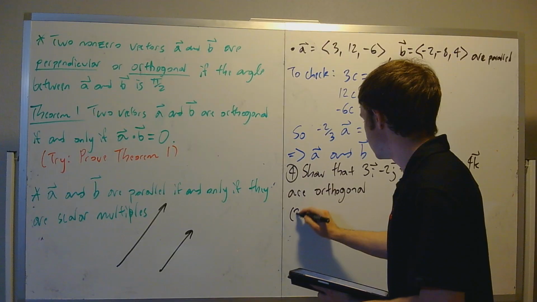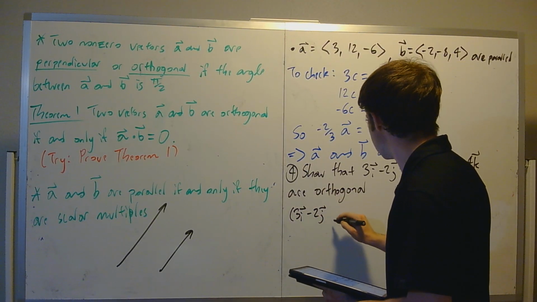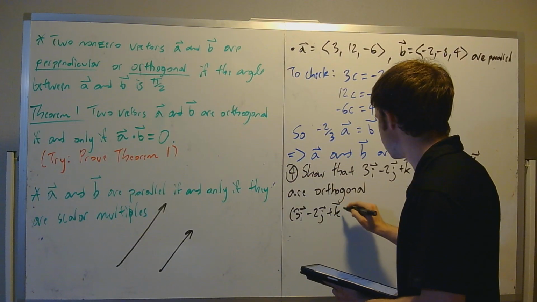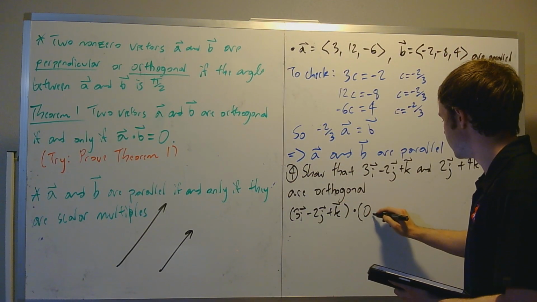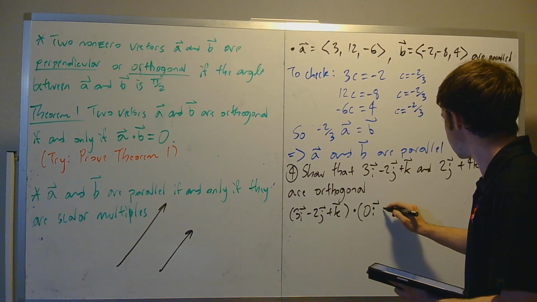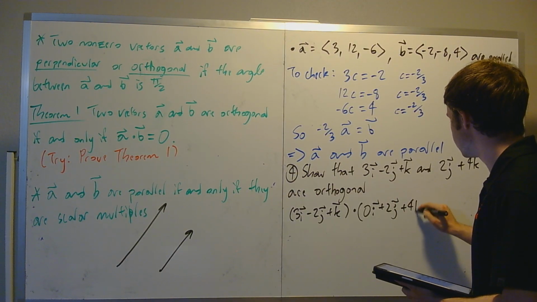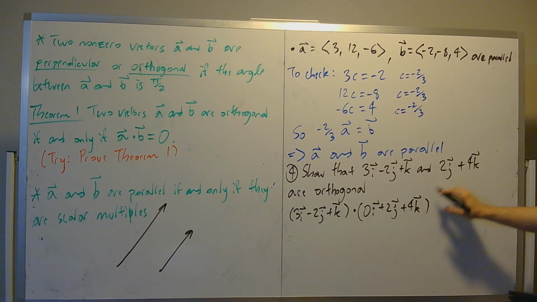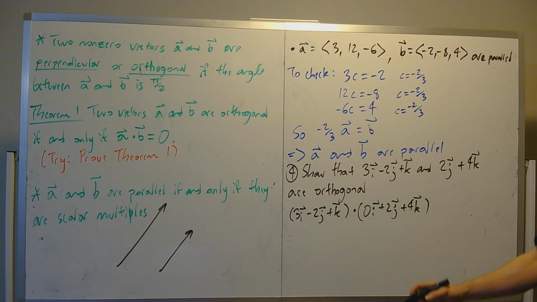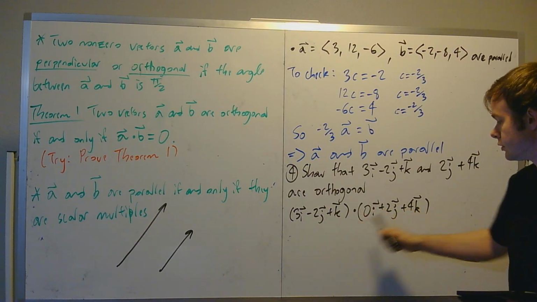So 3i minus 2j plus k, and then we're taking the dot product with, remember, this is 0 times i plus 2 times j plus 4 times k. Since this one doesn't have an i component, the coefficient of i is 0. So we multiply together the i entries, the j entries, and the k entries.